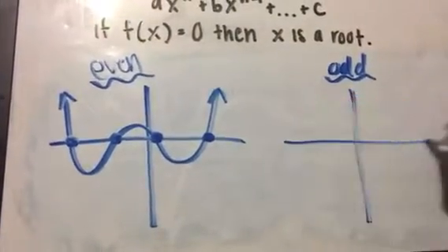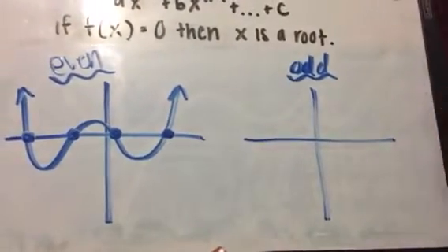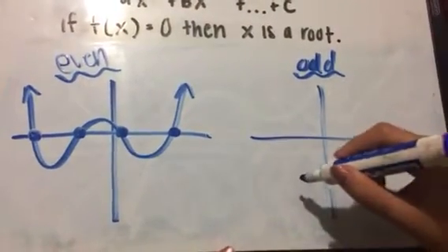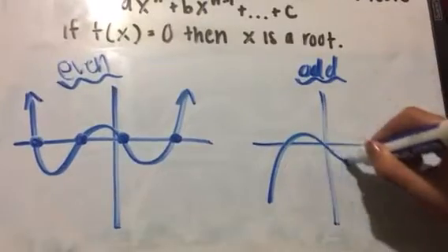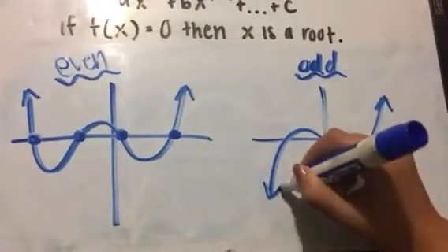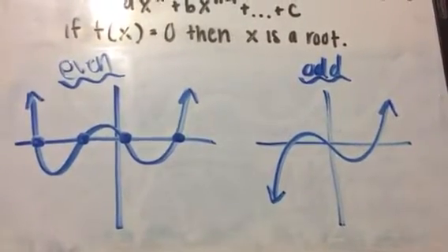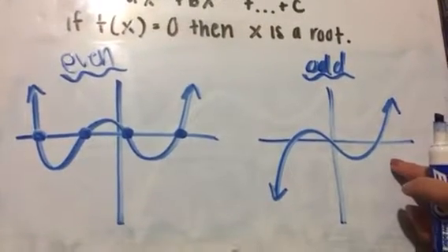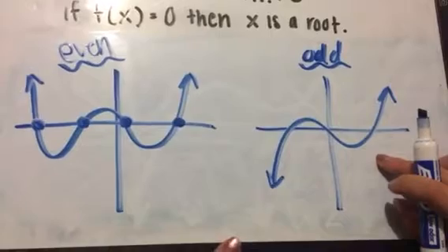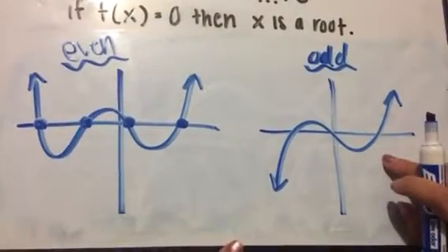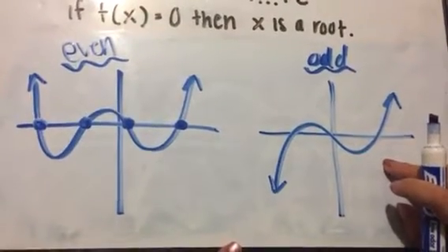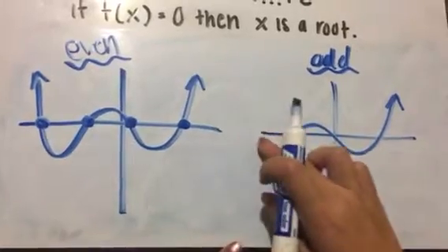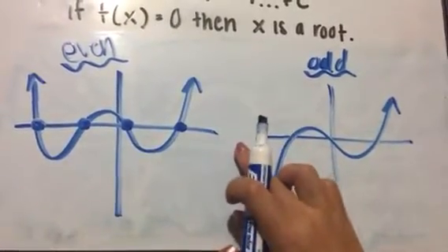And if we try one for an odd degree polynomial, a graph could look like this. And this is a third degree polynomial, meaning it should have 3 roots. And the roots, again, should be on the x-axis, because the x-axis is where we find the roots.